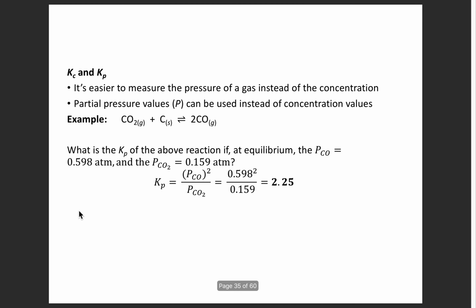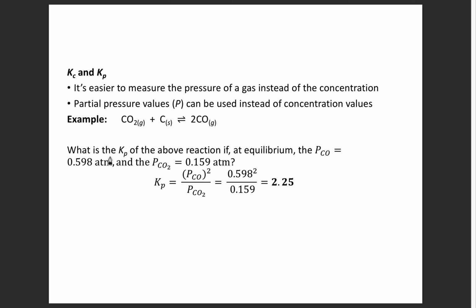All right, so let's talk about Kc and Kp. Now, Kc, again, C means concentration. P represents pressure, right? So we deal with partial pressures often with gases because it's easier. And it's going to work exactly the same way. Let's take a look at this carbon dioxide plus solid carbon example coming together to create carbon monoxide.